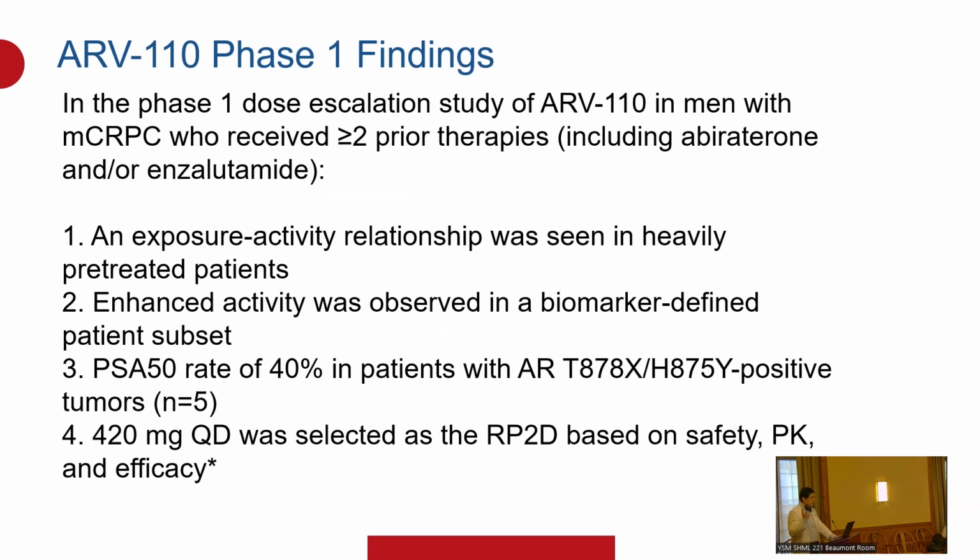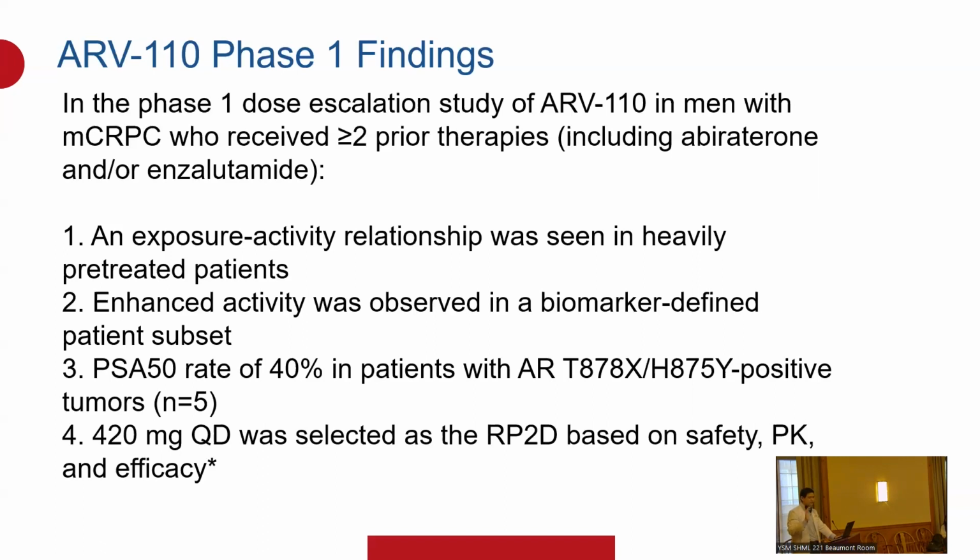What they found through the phase 1 trial was that people who received more ARV-110 had reports of higher activity, meaning tumor inhibitory or PSA reduction activity, and that this drug has enhanced activity towards a specific subset of patients.